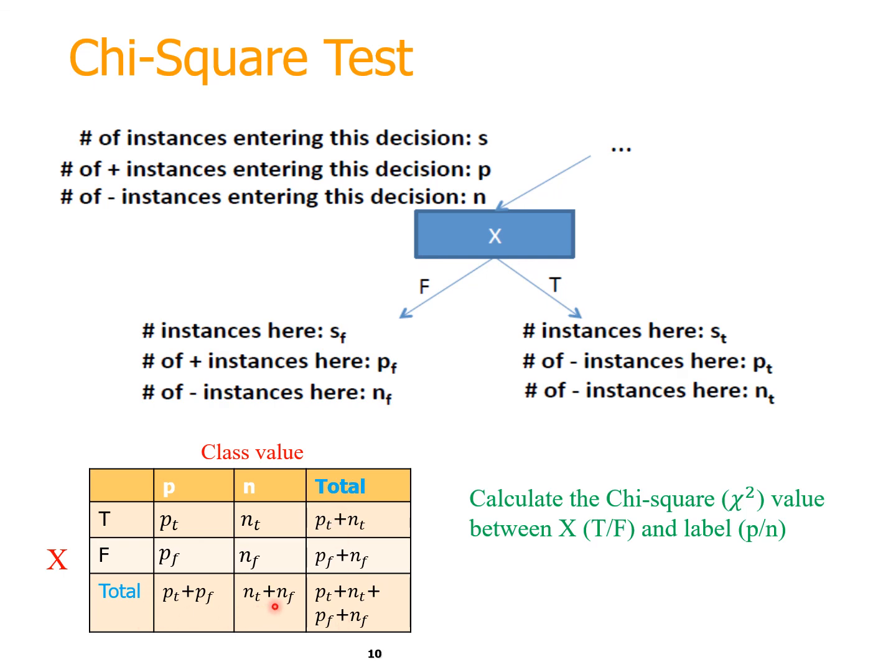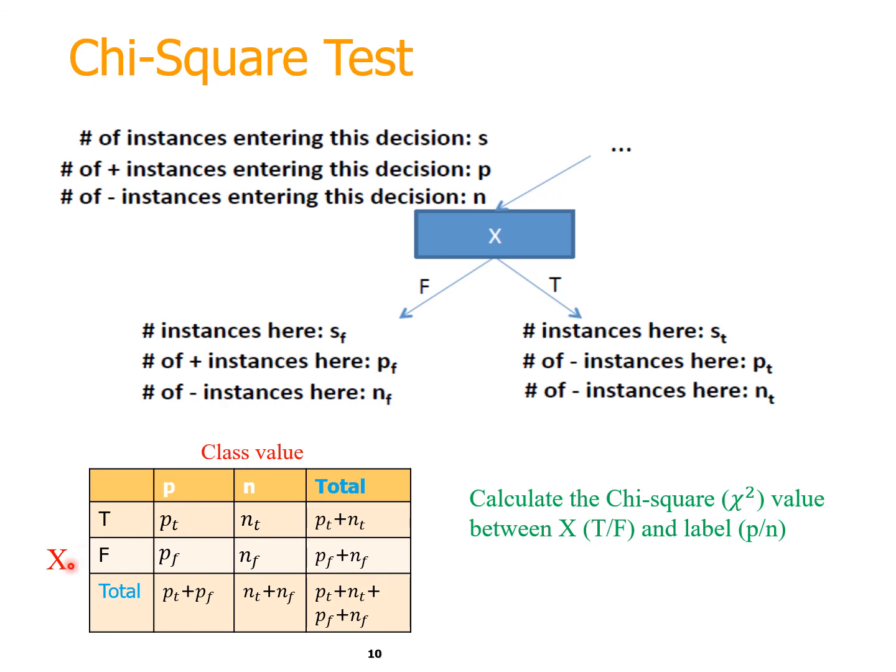And just like we did in a previous slide, using this table, you can compute chi-square value. You can refer to the previous slide. Using this table, you can compute chi-square, and if you look up the chi-square table, then you can decide whether these two variables are independent or not.